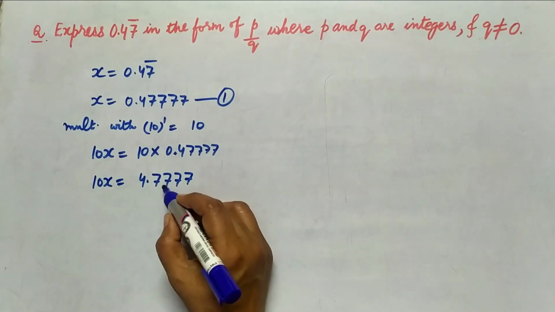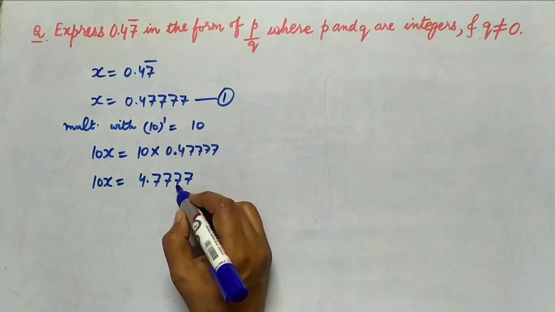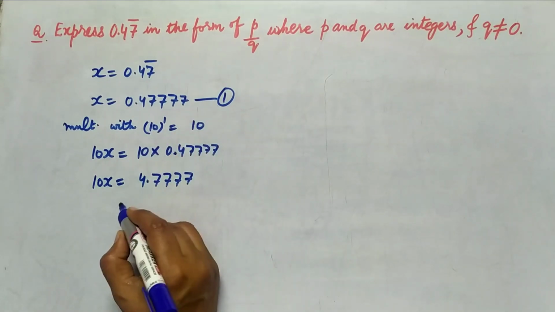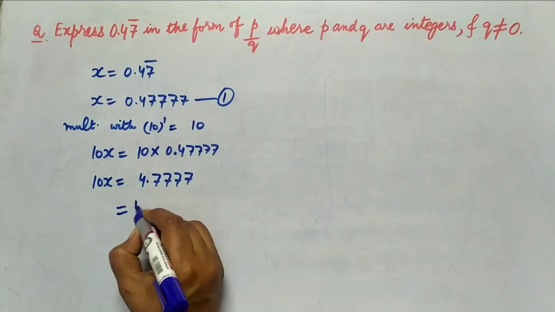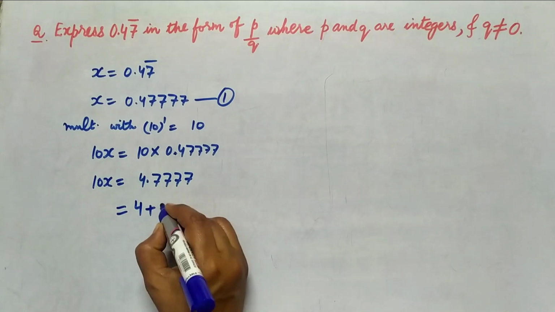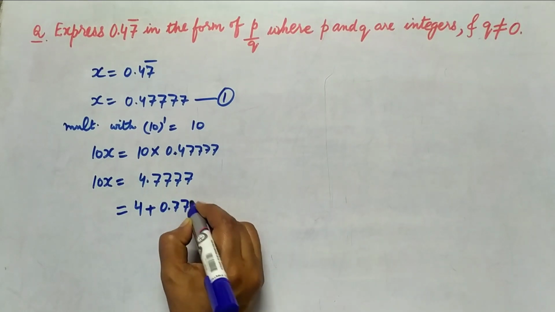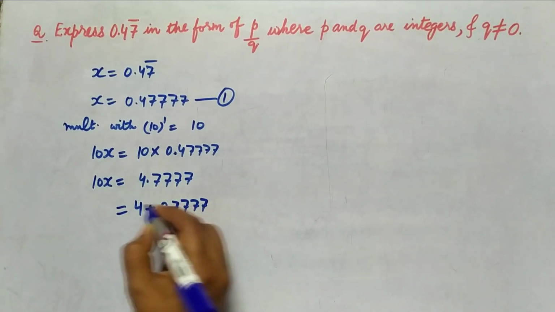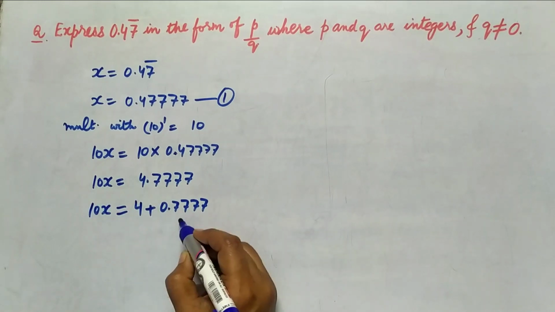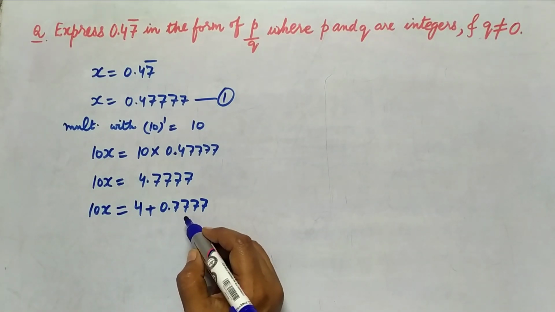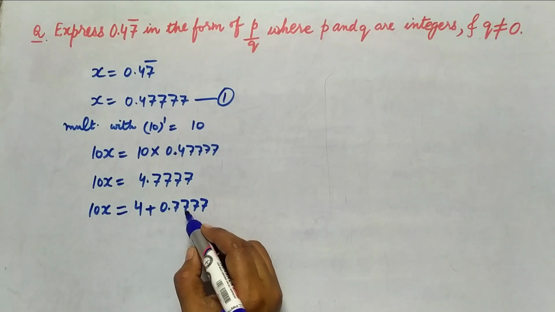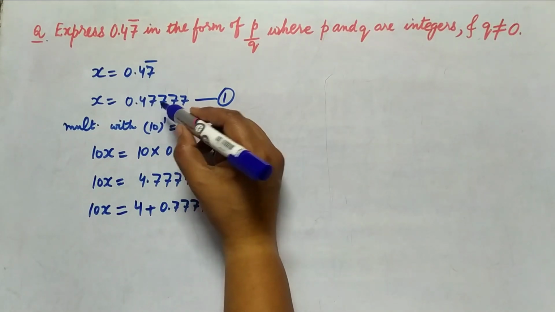Now we have to break up this new number in the form of x. What we do is write 4 complete number plus 0.7777, as we did in the first question. This further is to be broken in the form of 0.4777.